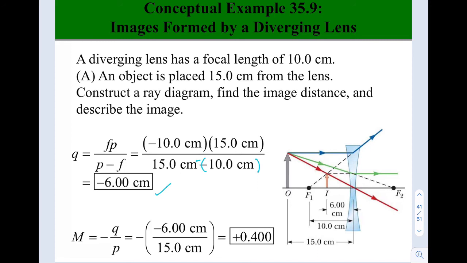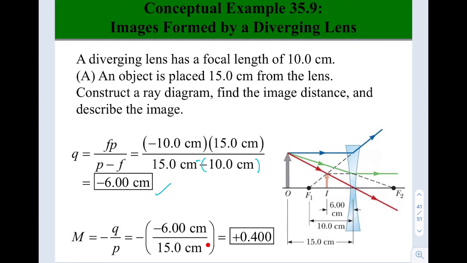Then you will get negative 6 cm. What does that mean? Negative means that our image is in front of our lens. That is the meaning of negative here. It means our image is a virtual image. To describe the image, we calculate the lateral magnification, M equivalent to negative q over p.